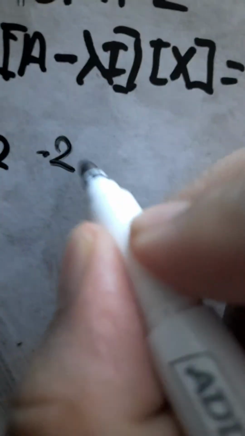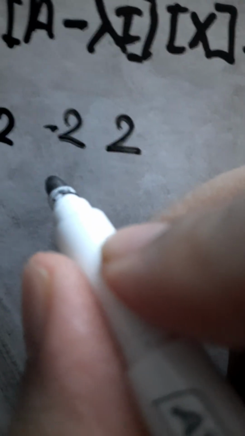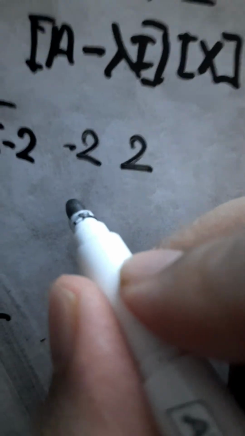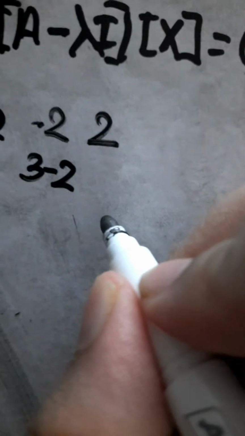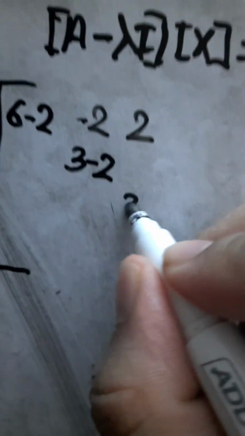So this is how it looks. First let's only write the diagonals to make it easy. Lambda is the same, 2, so 6 minus 2, 3 minus 2, 3 minus 2 again.